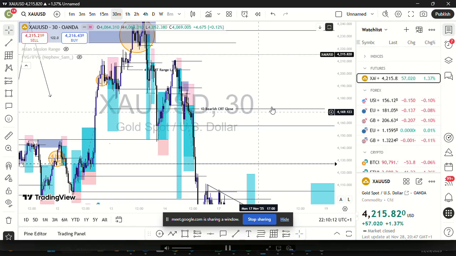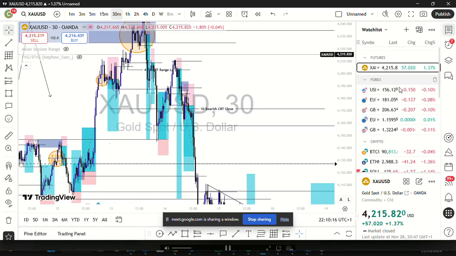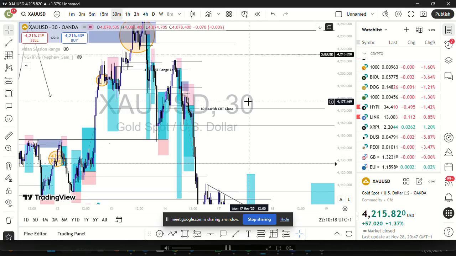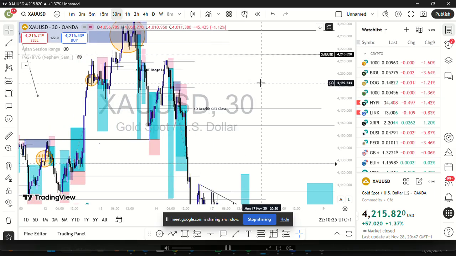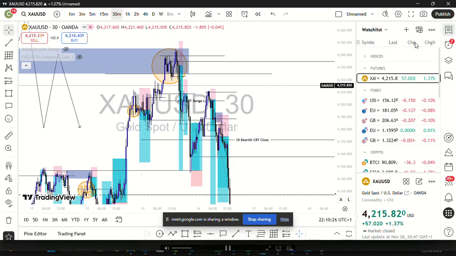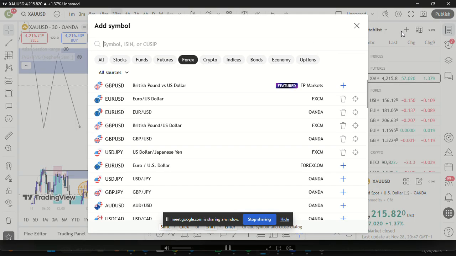Let me open a new tab for that. This screen I have here is already clogged up, so I want to open a blank chart so we can see the stuff better.